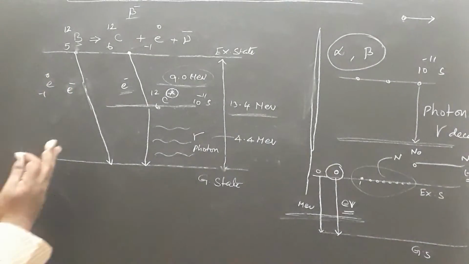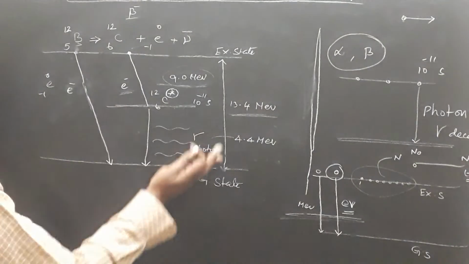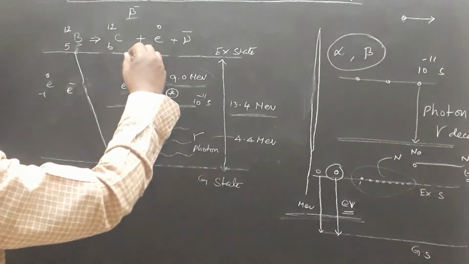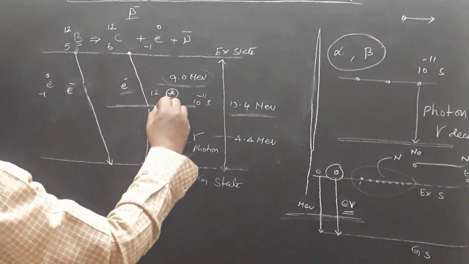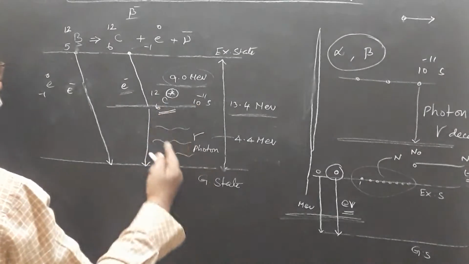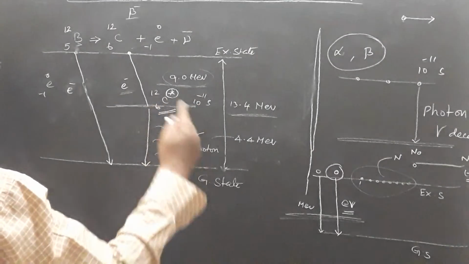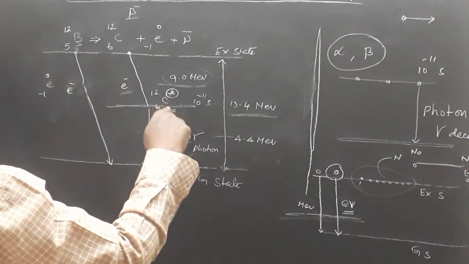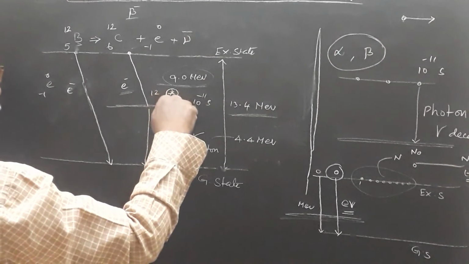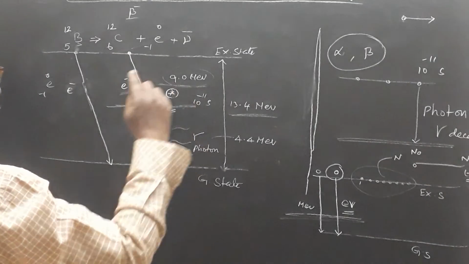This is the secondary emission, the second process of decay, from the excited state to the intermediate state. In the intermediate state, the daughter element carbon is in the excited state, identified by the star itself.